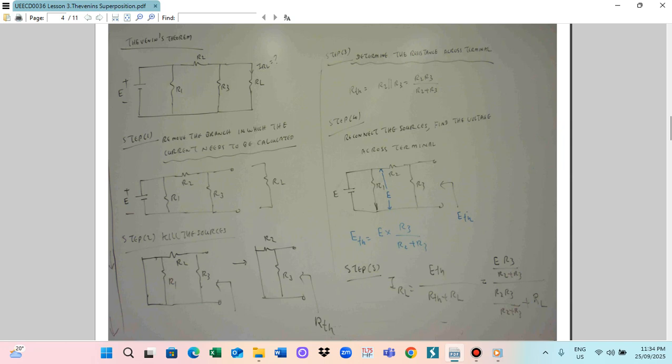So this is step 2. And then step 3: calculate the resistance across the terminal. Determine the resistance across the terminal.